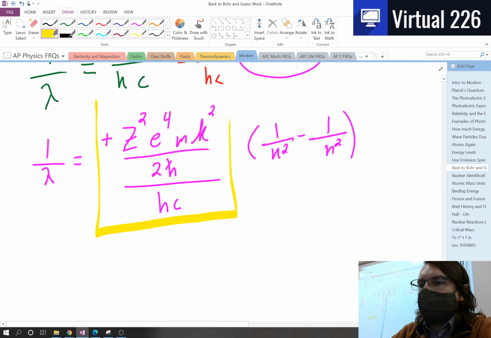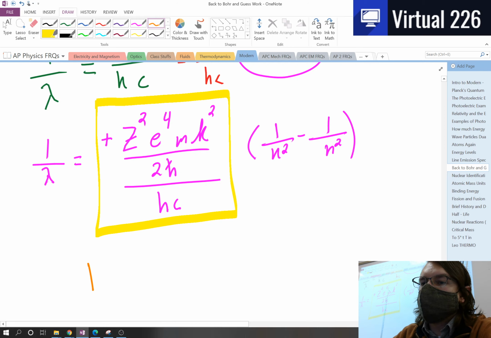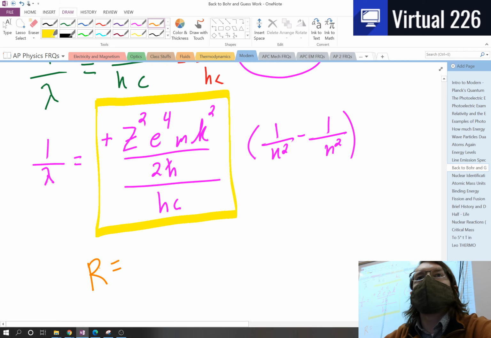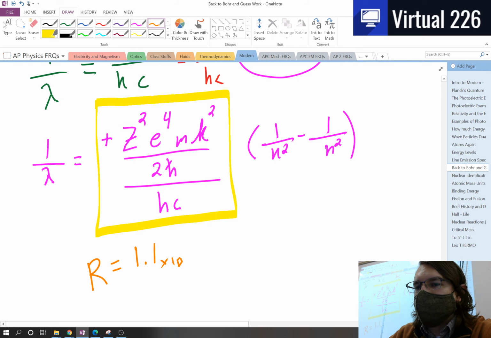It turns out if you put all of this together, we already know what that will equal. This is R, the Rydberg constant. It is equal to 1.1 times 10 to the 7th inverse meters.